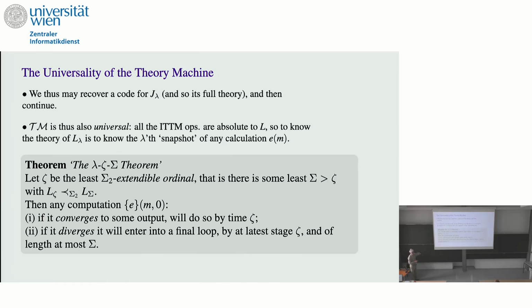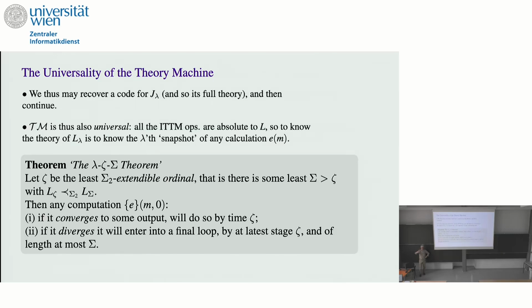Because of this sigma 2 property, if you look at the least zeta, which has got a sigma 2 end extension, L big sigma there, so zeta is sigma 2 stable in L sigma, these levels of the L hierarchy have the same theory. So by what we've been saying, the machines must be looping on empty input between L zeta and L sigma.